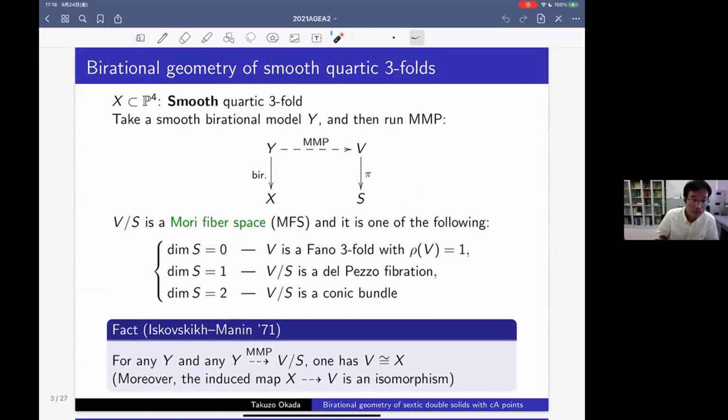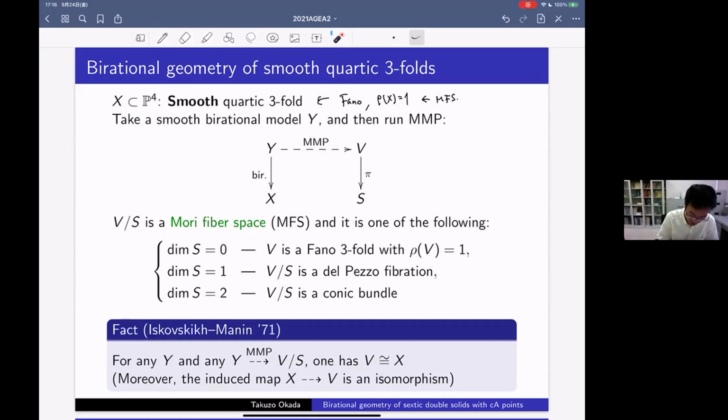Okay, so I explain birational geometry of smooth quartic threefolds. Let X be a hypersurface of degree 4, a smooth quartic threefold. This is of course a Fano threefold of Picard number 1, so this is a so-called Mori fibre space.